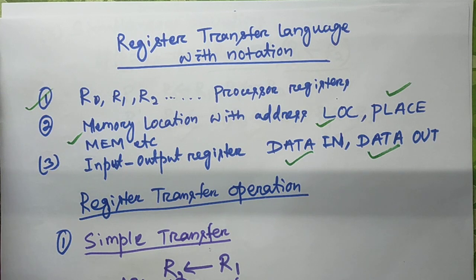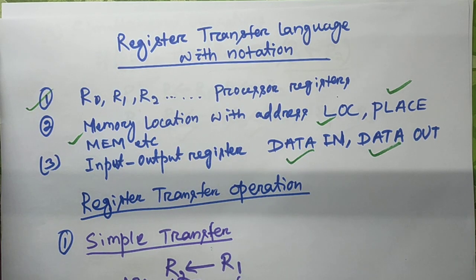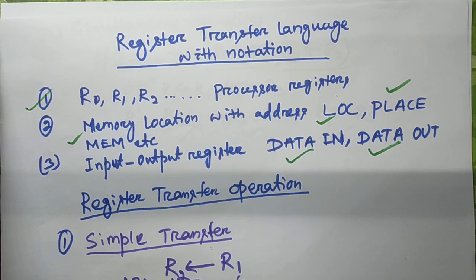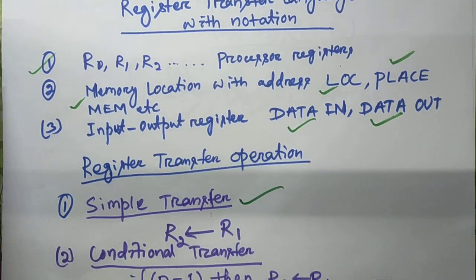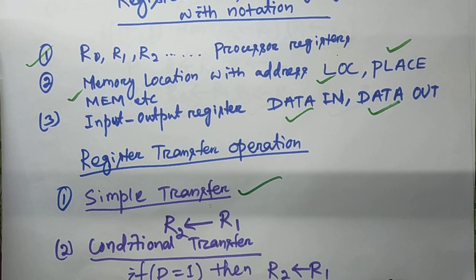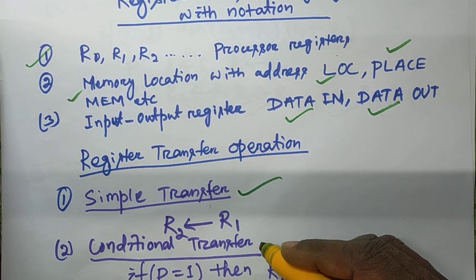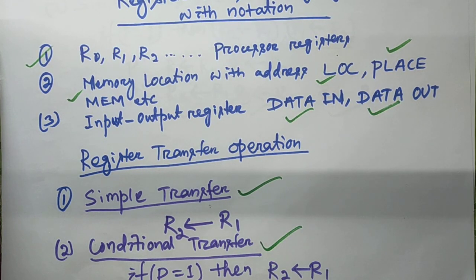And the operations I told you about fall in three categories. A simple transfer has no need of a condition. If there is some condition, we call it a conditional transfer.